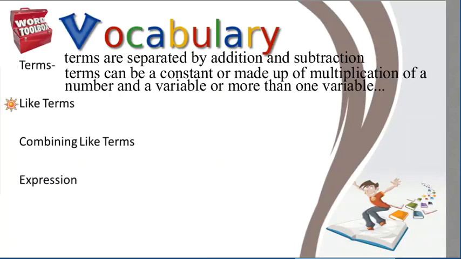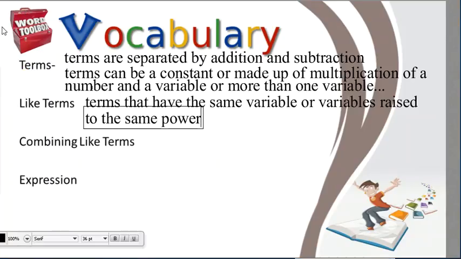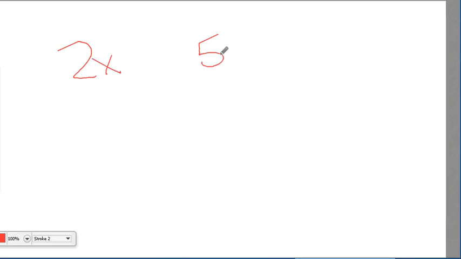The next definition we're going to talk about is like terms. Like terms are terms that have the same variable or variables raised to the same power. So if I give you two terms, 2x and 5x, these would be like terms because they both have an x raised to the first power.